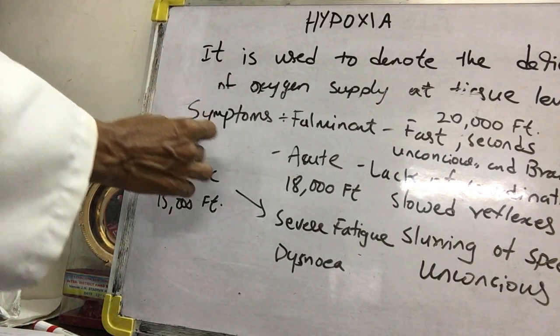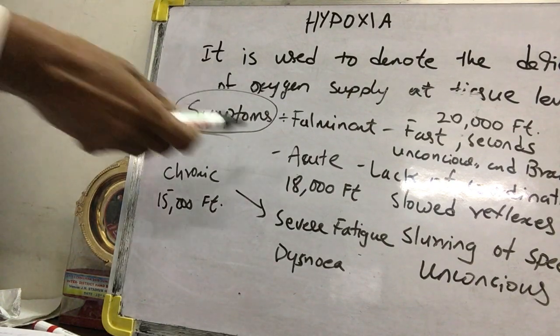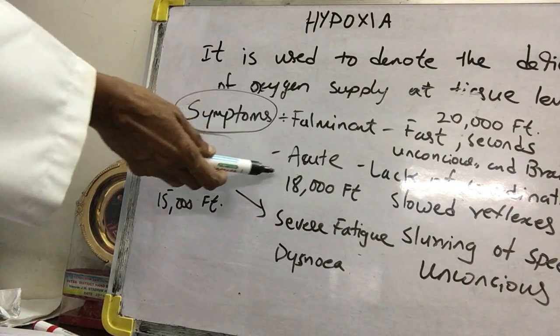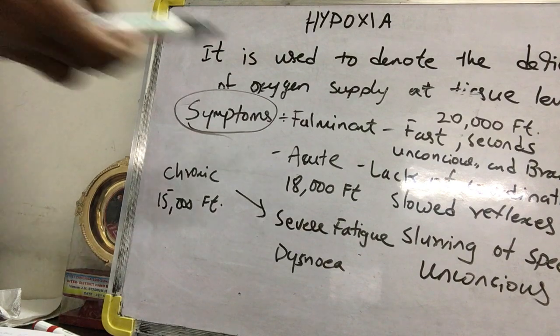So symptoms due to hypoxia, any type of hypoxia, can be fulminant, acute or chronic. Fulminant occurs very fast and it will not give us much time to treat the patient, and it occurs at an altitude of 20,000 feet. Whereas acute hypoxia occurs at an altitude of 18,000 feet.